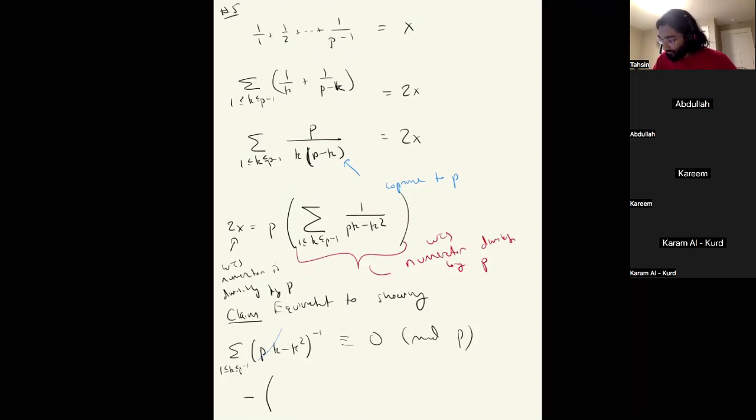The point is that the inverses just permute everything. So this becomes 1 squared plus 2 squared plus up to p minus 1 squared. I want to show this is 0 mod p.